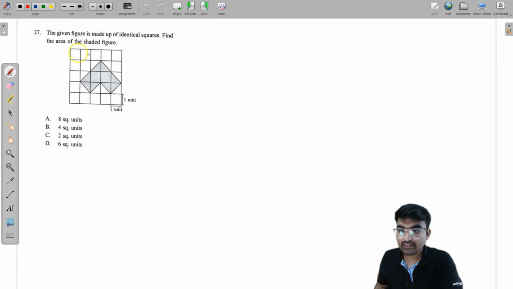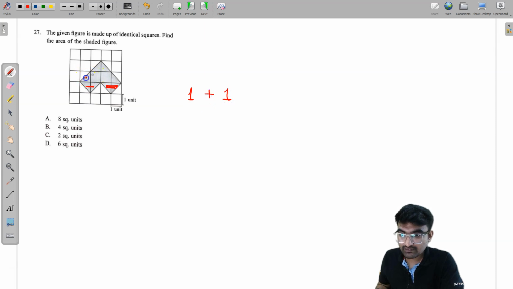Got it? Now in this question, the given figure is made up of identical squares. Find the area of the shaded figure. Here, this is half part, this is half part. So together we can say this is one square. Same for these two, we can say one more square.